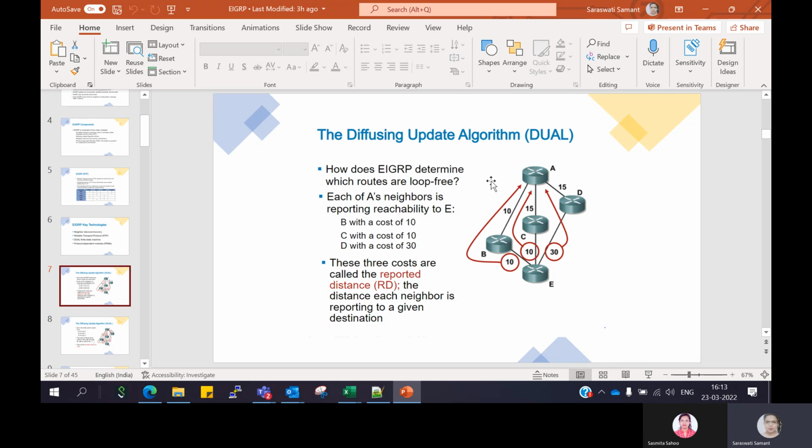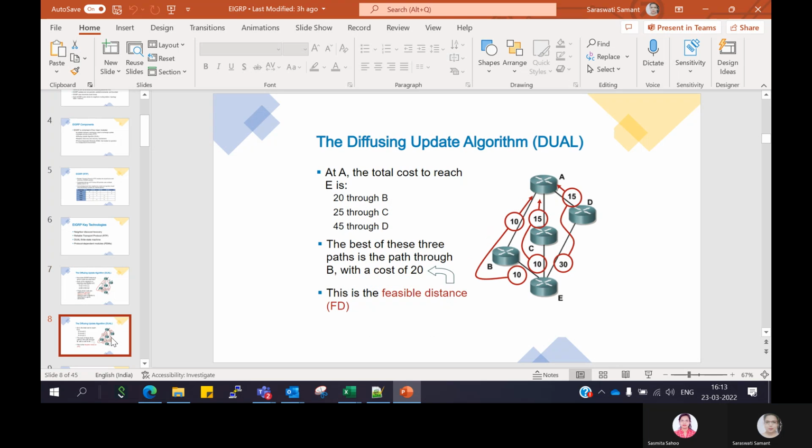The shortest path will be considered as the base metric or base path. In this case, we've got 10 plus 10, 20, 15 plus 10, 25, 15 plus 30, around 45. So it will be considering this path. So what is the feasible distance? That is the base metric, base path, 20.